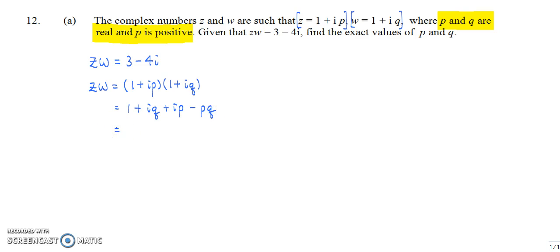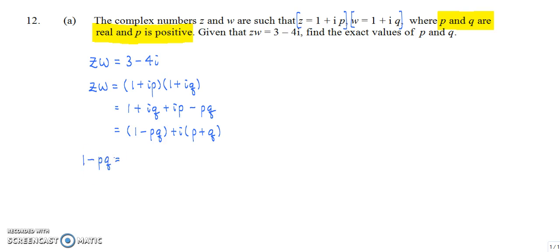The next step is to regroup the terms so that the real and imaginary parts are grouped accordingly. The real part is 1 minus pq. As for the imaginary part, we have p plus q. We now compare the real part and the imaginary part against the 3 minus 4i the question gives us, and with that we are able to come up with two equations.